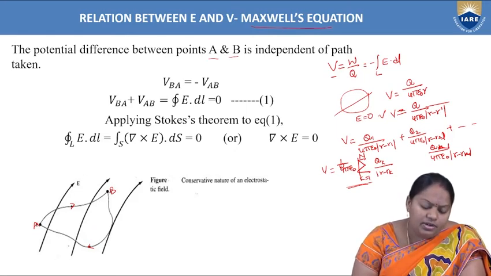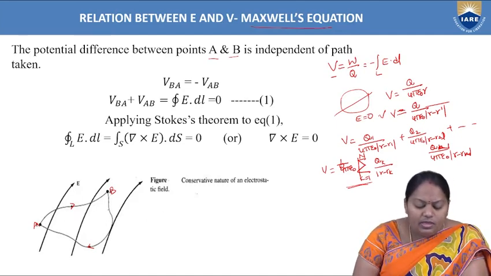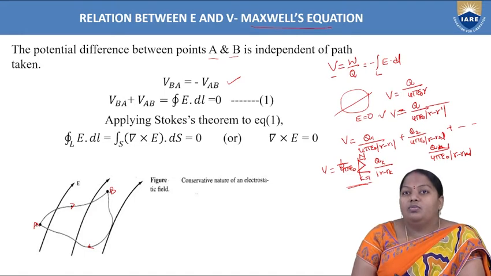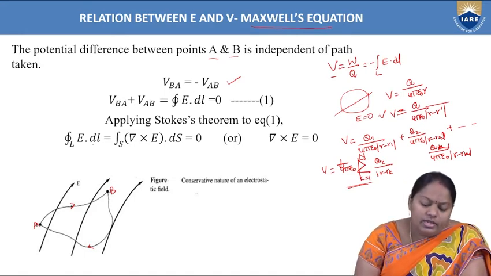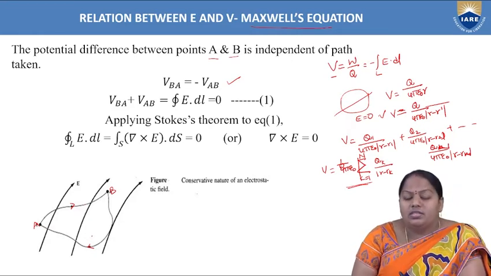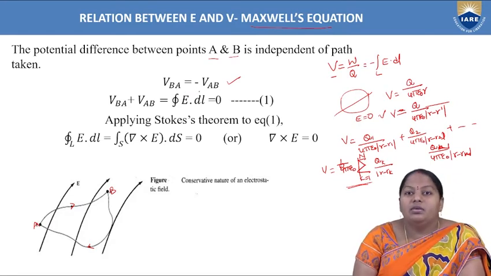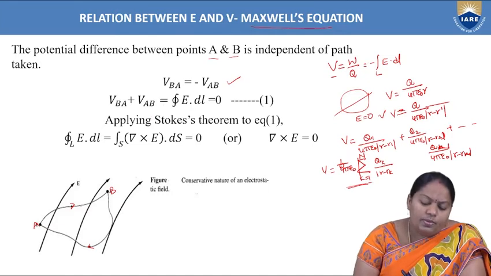If you apply the electric field to that, observing the directions from A to B and B to A, these are given by VBA equal to minus VAB. The two are moving in opposite directions, hence the potential from B to A will be opposite to that of A to B. Since the value is independent of the path taken, VBA plus VAB equal to integral L E dot dl.